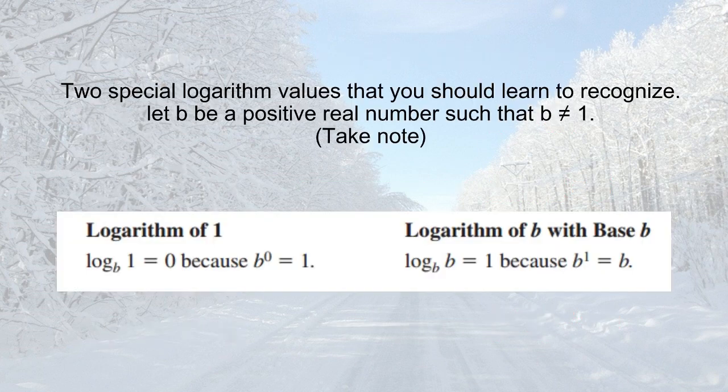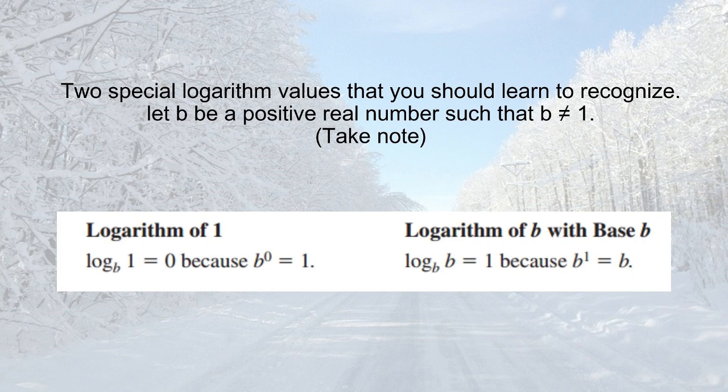So, we should always take note of this. There are two special logarithm values that you should learn to recognize. Let b be a positive real number such that b is not equal to 1. There is the logarithm of 1, meaning log 1 with the base of b is equal to 0, because b to the exponent of 0 is equal to 1.